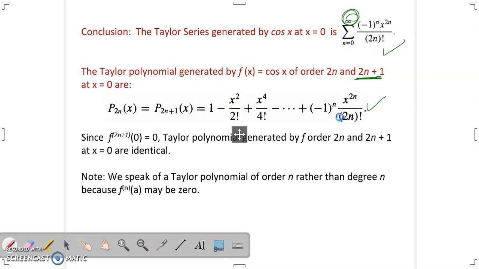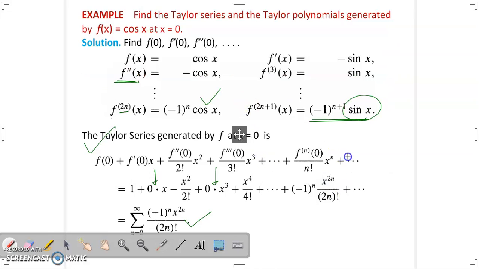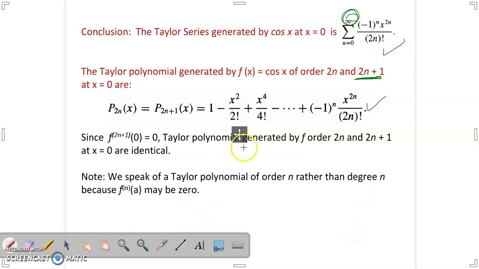In that case, you will go one term further, and that next term will be 0. So eventually you will be left with this term only. Since the 2n plus 1th derivative of f at 0 is 0, the polynomial of order 2n and the polynomial of order 2n plus 1 will be the same, right?